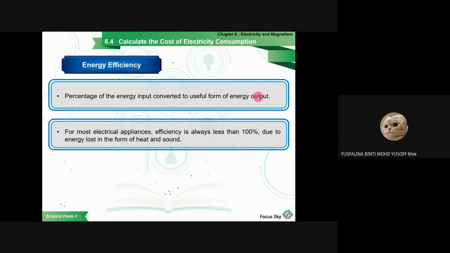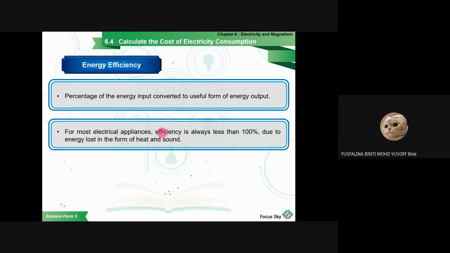For most electrical appliances, efficiency is always less than 100% due to energy loss in the form of heat and sound. Let's take your refrigerator as an example. Let's say the energy supplied to the refrigerator is 200 joule, but we cannot use all 200 joule to cool down the refrigerator.